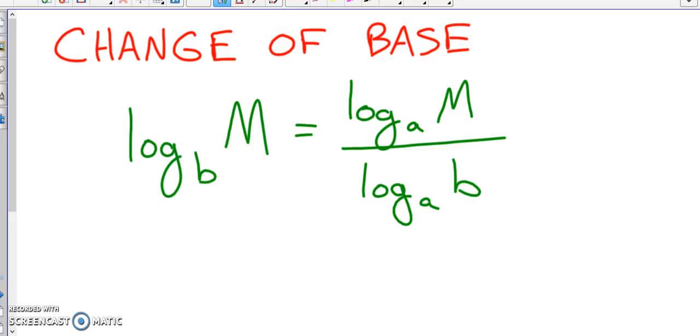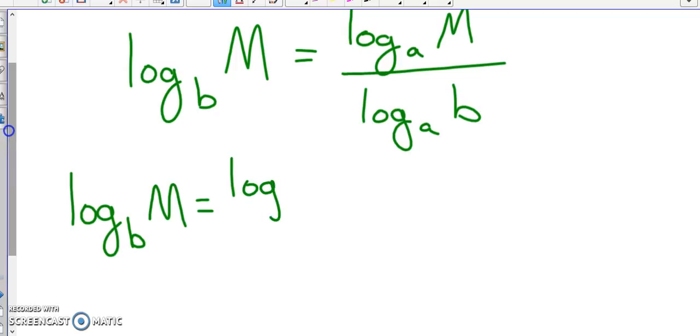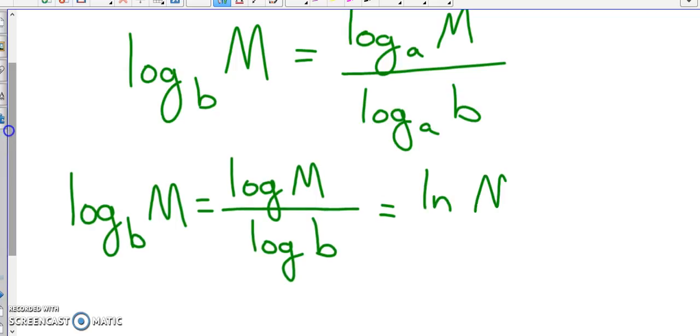So log base b of m is equal to log base a of m over log base a of b. Now, 99 times out of 100, that's going to look like this. Or this. Because those are the ones you can do on your calculator.